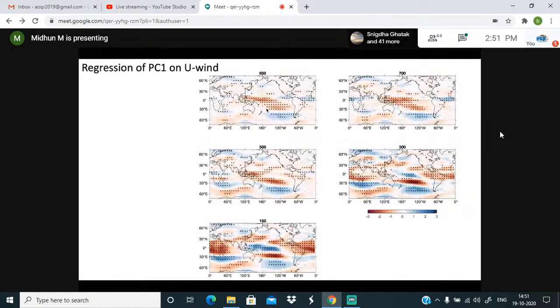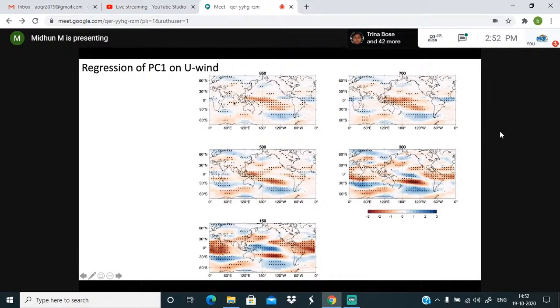In order to understand this dynamics in detail, I did a regression of zonal wind on different atmospheric levels. This is the 850 hectopascal level, and this is the 150 hectopascal level.